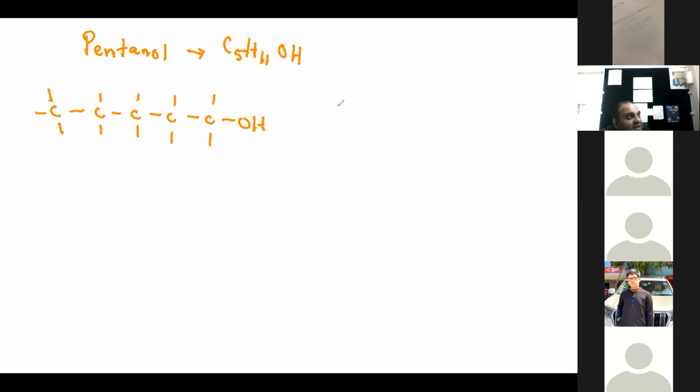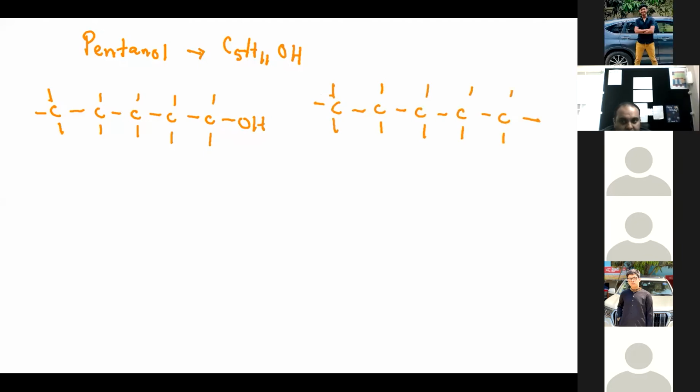So what will be its positional isomer? Second, sir. Second. So OH will be up to 1, 2, 3. So this is pentan-2-ol.